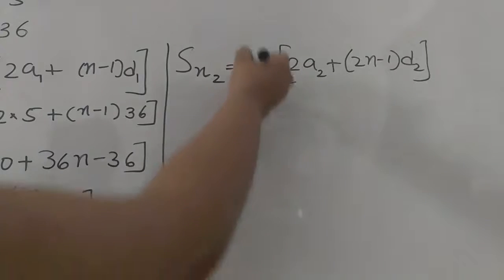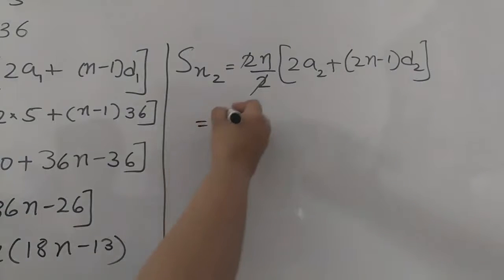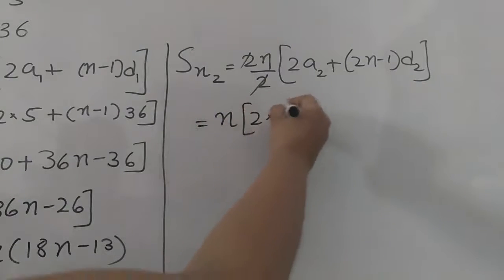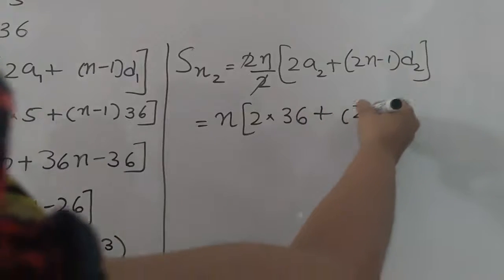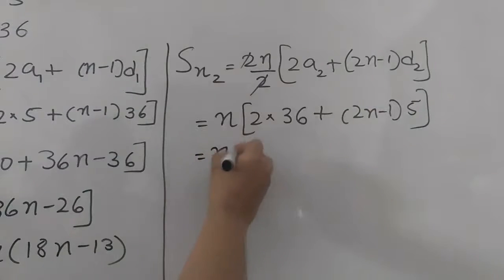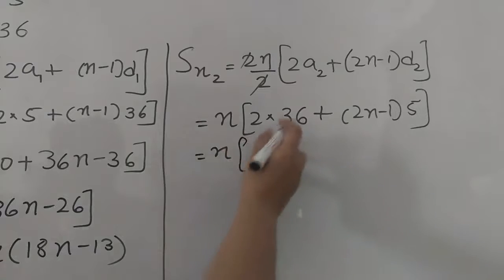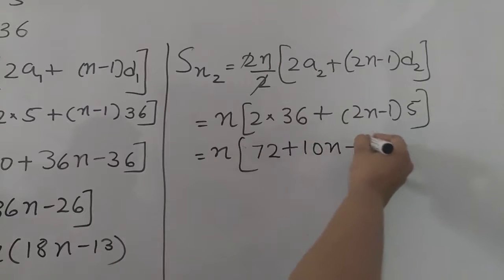So first of all we can cancel this 2. Then n as it is, 2 into a2 value 36, plus 2n minus 1 into 5. n as it is, then here 36 twos are 72, plus 5 twos are 10n, and minus 5.